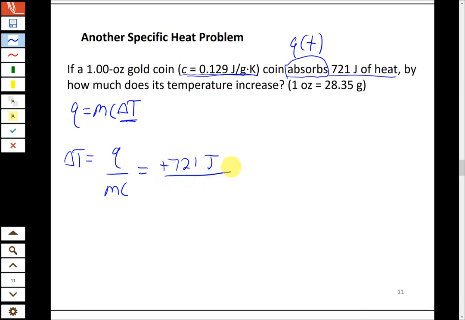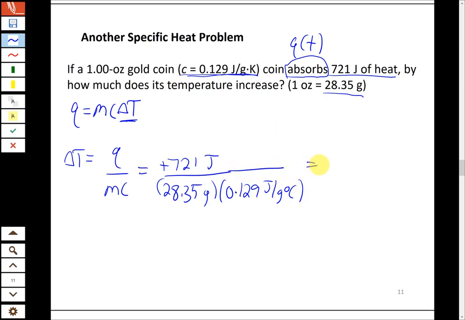And then the mass is 28.35 grams. It's 1 ounce, but we want it in grams because that's what specific heat capacity is in. And then the C here, different now because we're not water anymore. Water is the only one that you should know. And that's going to be 0.129 joules per either Kelvin or gram degree Celsius.